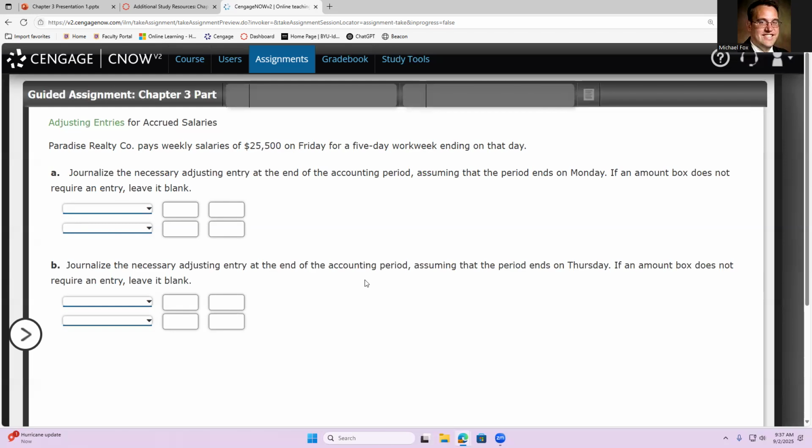The people worked on Monday that we need to get on this. They would have been paid previously for last week, but we need to do an adjusting entry for Monday. So again, it's a 5-day work week, so we take 25,500 divided by 5, which gives us what, 5,100?